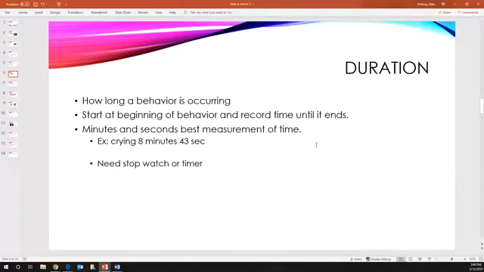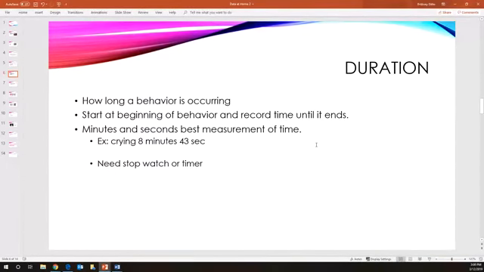So duration is pretty self-explanatory. It's how long something's occurring. What we want to do for this is, the minute the behavior starts is when you start a stopwatch or a timer. Make sure it's an up timer. So you want to make sure you're recording it, and then the very second that behavior stops, we hit stop on the stopwatch.